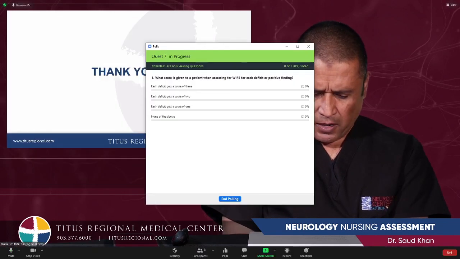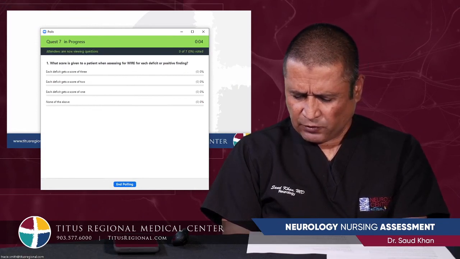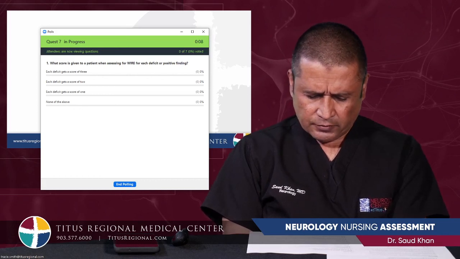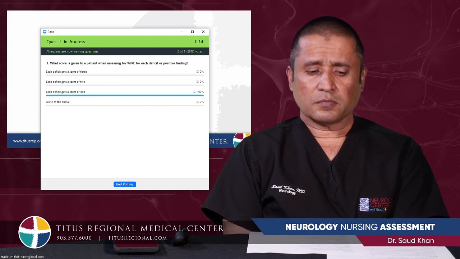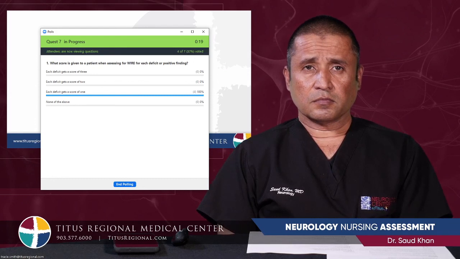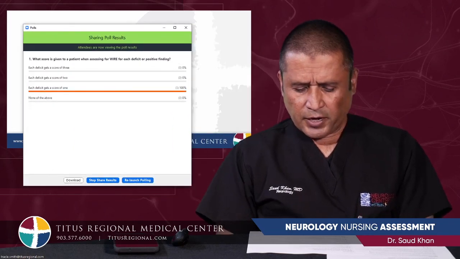Question number 7. What score is given to a patient when assessing WAVE for each deficit or positive finding? Answer, each deficit gets a score of 1.